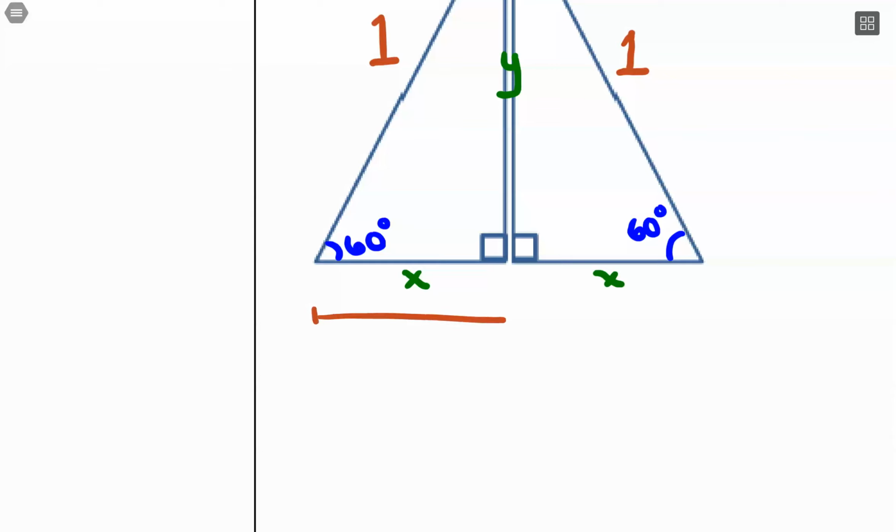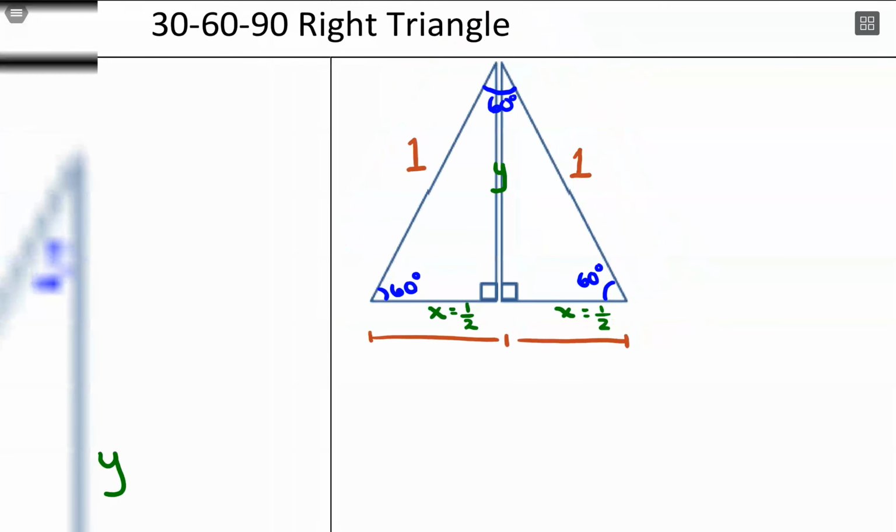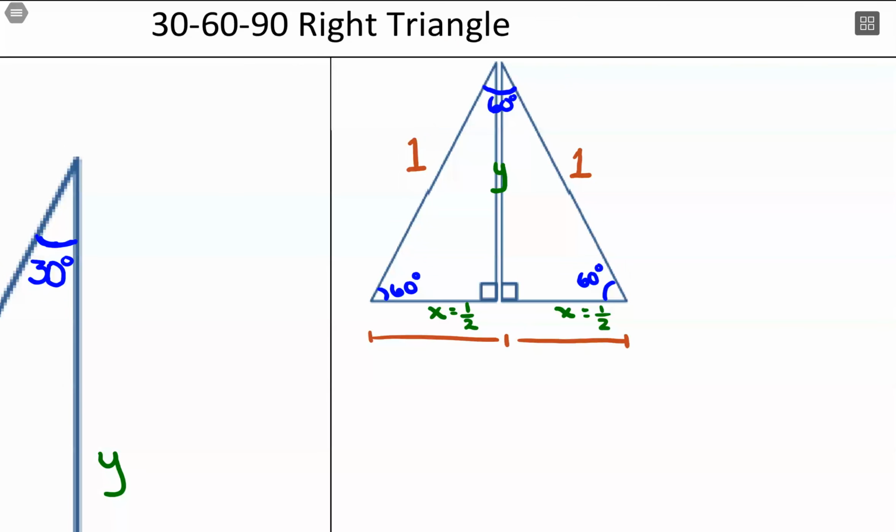So this right here is a distance of 1. Well, if 1 is made up of these 2 x values, then that's telling me that x needs to be equal to 1/2. And same thing over there, but really we just need one of them. So from that equilateral triangle property, we're seeing x is equal to 1/2.